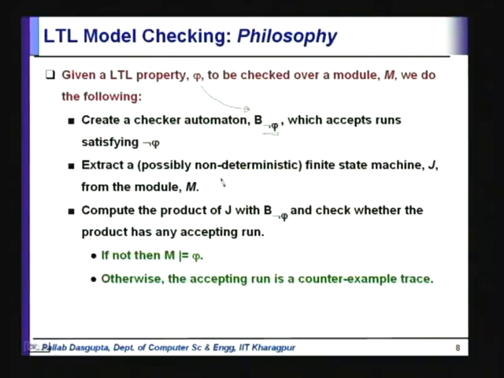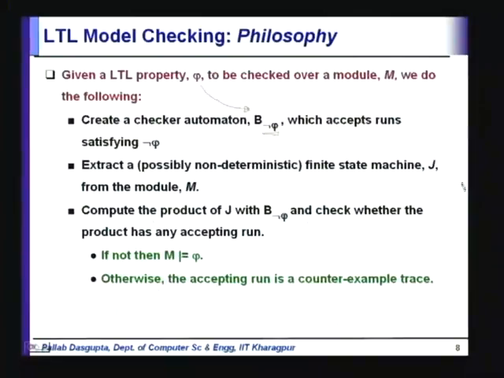Now, we extract a possibly non-deterministic finite state machine J from module M. Why can it be non-deterministic? Because the module M may have inputs, and the next state inputs are non-deterministic. It is with the environment, so you do not know what the next state inputs are.